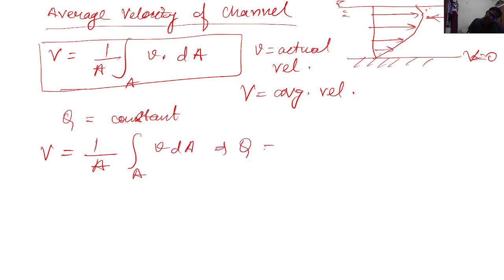This implies the discharge would be A times V, capital V here. Capital V would mean the average velocity. So this is the expression for the discharge using the average velocity. So let us just move into two very important components: the kinetic energy correction factor and the momentum correction factor.